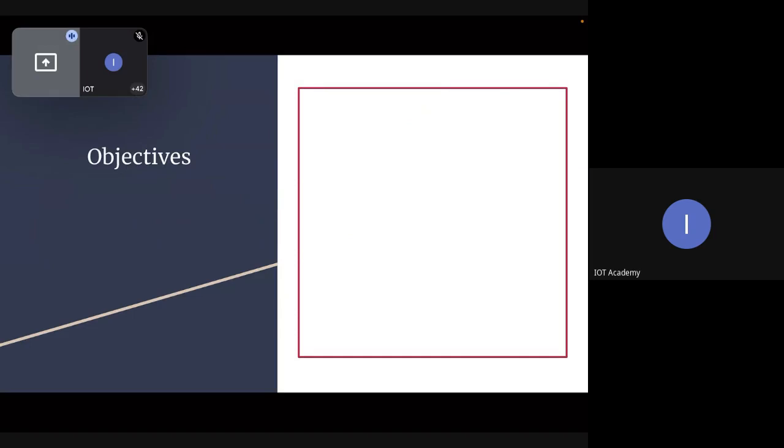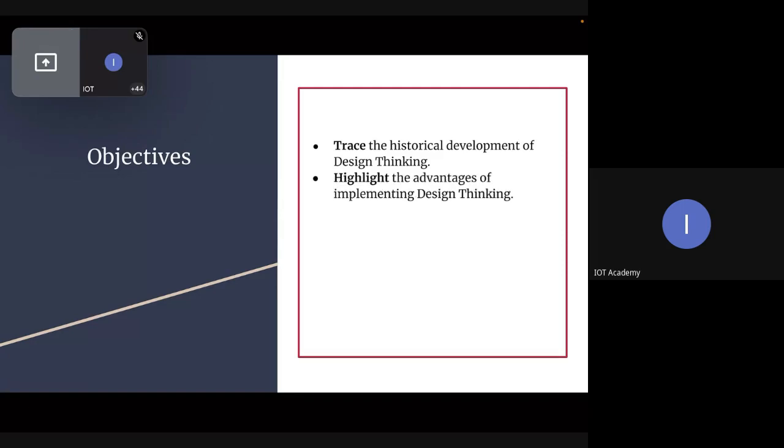So before we start the session, I would just like to give you an update on the objectives that we would be covering in the session. The first objective is to trace the historical development of design thinking. The next objective is to understand the advantages of implementing design thinking, why design thinking matters. Then we would explore in detail the process of design thinking.